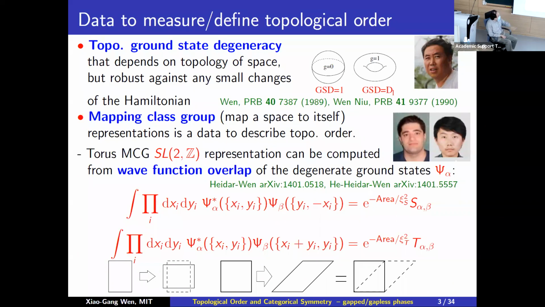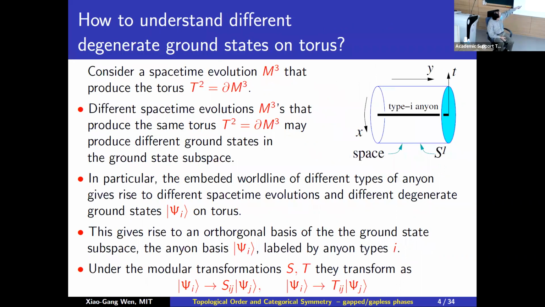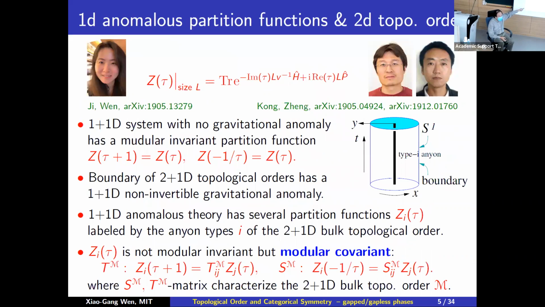The partition function is the overlap of this wave function with the product state, because the outside of this cylinder is a product state. The partition function is the overlap of the surface wave function with this product state.